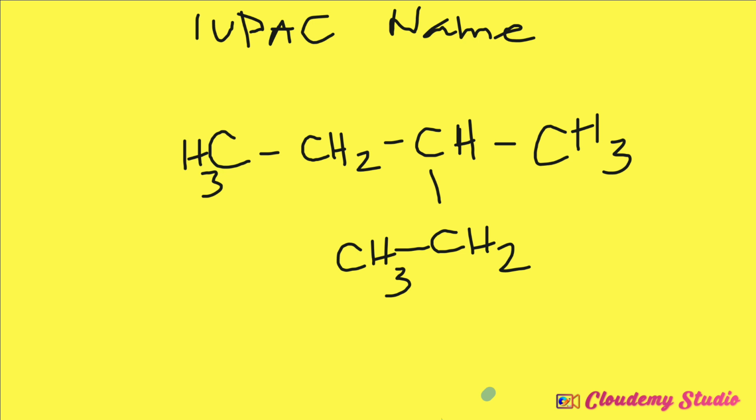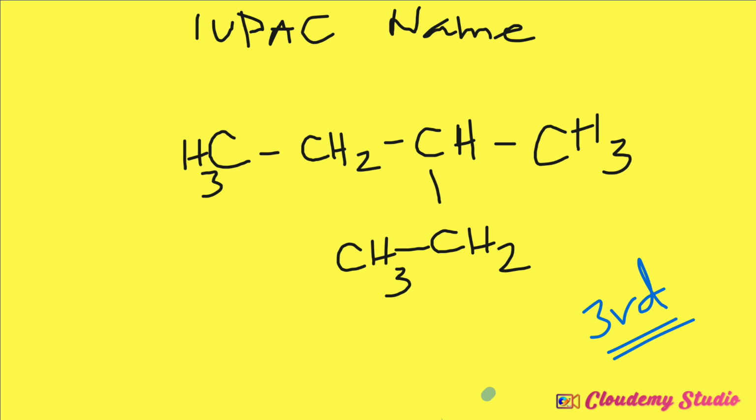Now let's check from the bottom end. 1, 2, 3. At the third carbon only the substituent. So both ways, it is at the third carbon atom only that the branch is there.